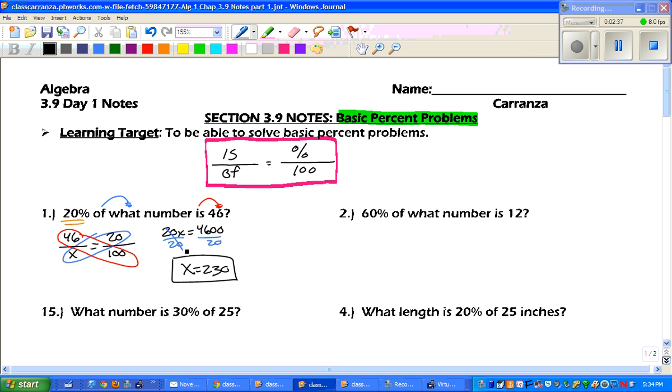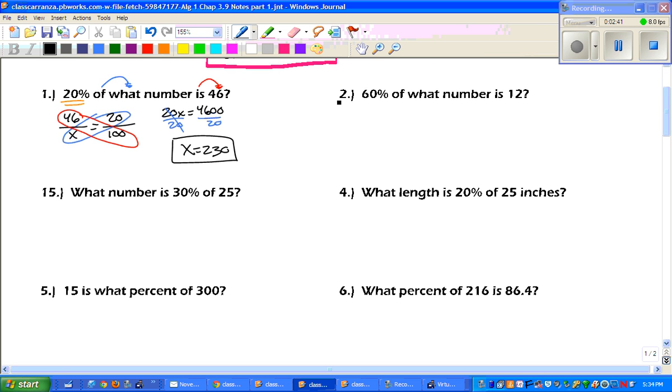Okay, we're going to go down the left column. So this is number 3. What number is 30% of 25? So I see of goes with the 25. We've got the 30%, and then there's the is.